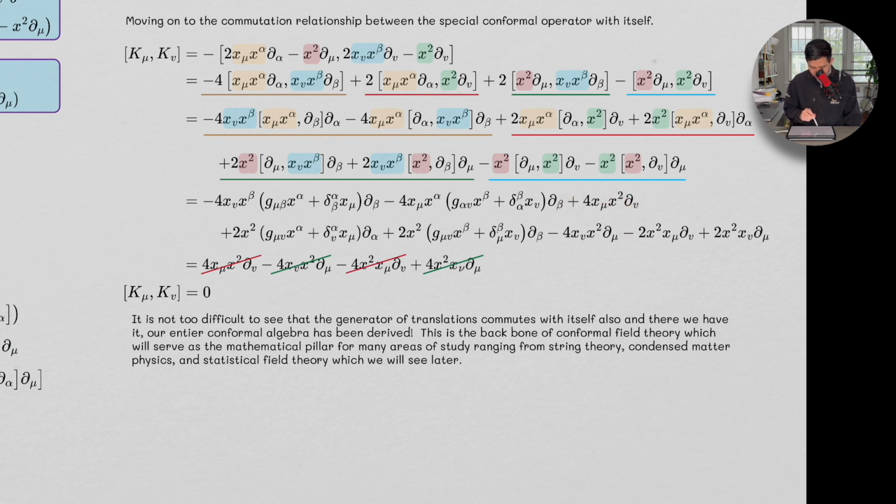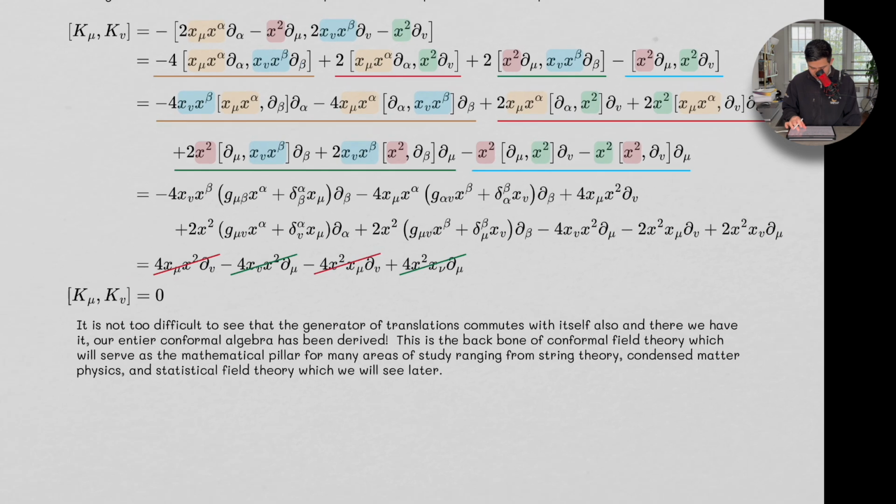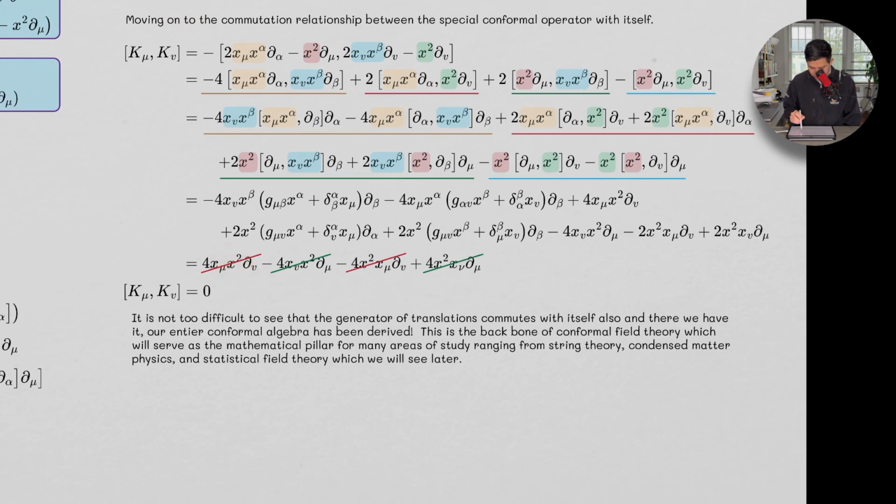And some of these are going to cancel, right? Because we have, so this guy is this one. This one is nu squared mu. That's this guy right here. Right, so this guy is this guy, and this guy is this guy.